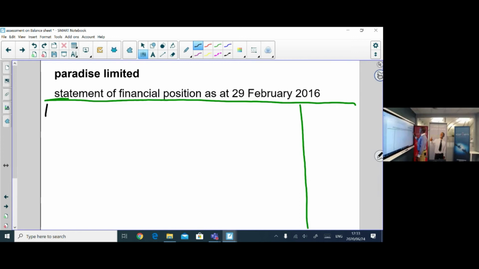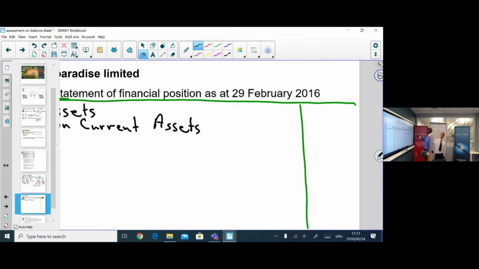It's assets first. Then we're gonna write non-current assets. So under non-current assets, we've got what?